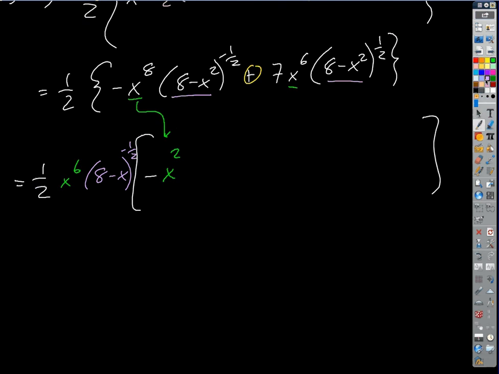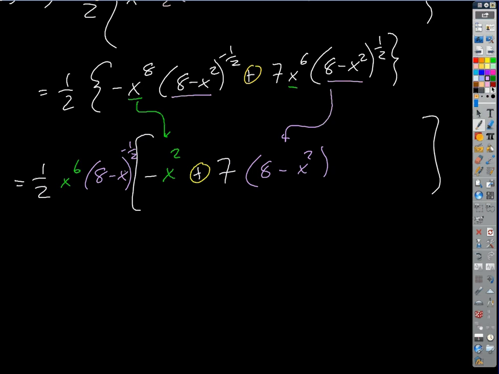And what's going to be left from the other? Nothing, right? That one goes away, everybody agree? Okay, plus, how about over here? We're going to get a 7, that guy is completely factored out, right? And then this one, 8 minus x squared to the 1, okay? Because we're factoring out an 8 minus x squared to the minus 1/2.